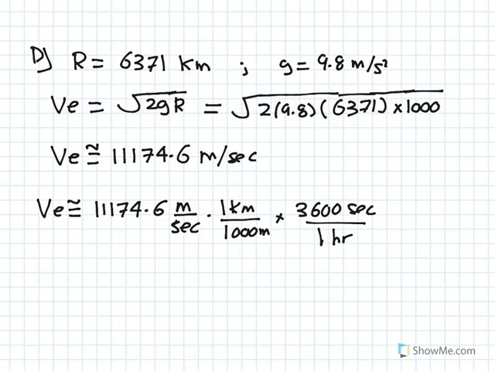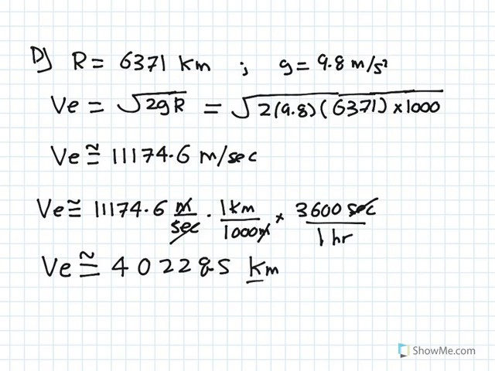All right, so the seconds cancel out, and the meters also cancel out, and we get our answer in kilometers per hour. So escape velocity is approximately 40,228.5. So about 40,000 kilometers per hour is escape velocity for this rocket, such that it does not come back to Earth.